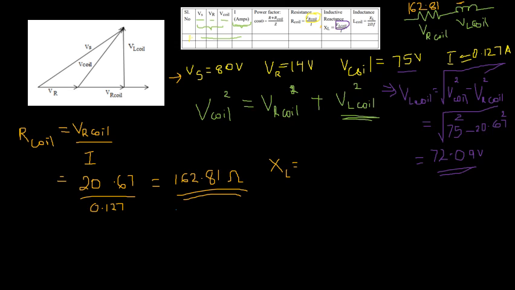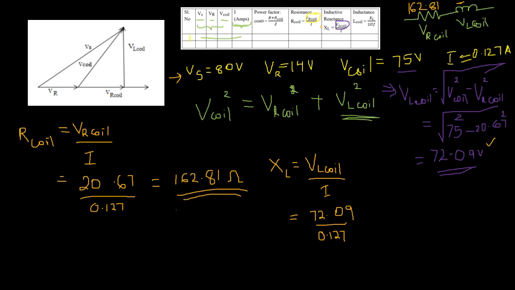Instead of R I have XL, instead of V I have the inductive voltage appearing across the coil, and it has to be divided by the current I. VL coil we obtained as 72.09 volts, and the experimental value of current is 0.127 amps.